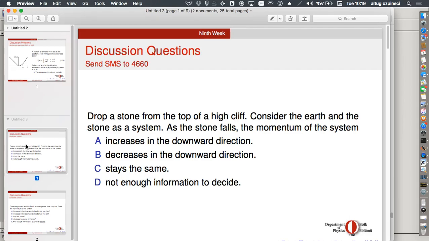So you go to a high place, you drop a stone. What happens to the momentum of the earth and the stone as our system? The stone is falling down.